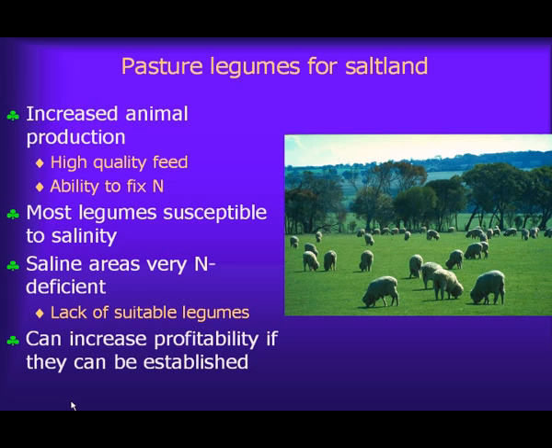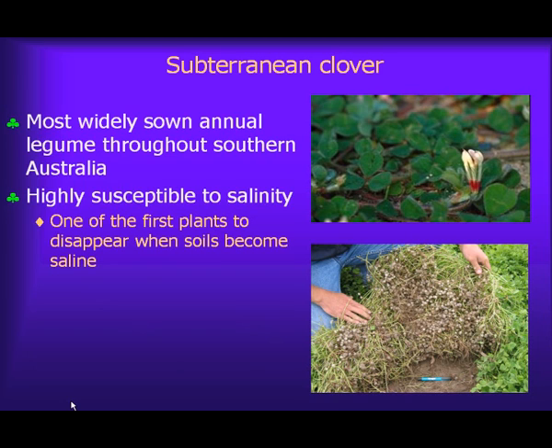But most legumes are susceptible to salinity, and it means that saline areas tend to be quite nitrogen deficient. But economic studies have shown that if you can establish legumes into saltland pastures, it can have a marked effect on their profitability. But subterranean clover, the most widely sown annual legume in southern Australia, is highly susceptible to salinity and one of the first plants to disappear once soils become saline.